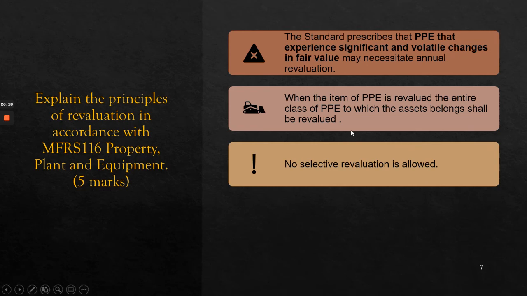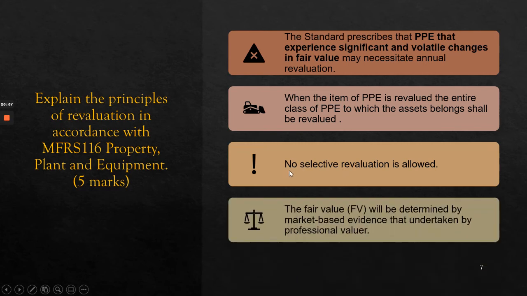Next, you are not allowed to have selective revaluation. If you were to revalue the building, you cannot simply pick building A and building B without revaluing buildings C and D. Those 4 buildings, for example, must all be revalued. So there is no selective revaluation.